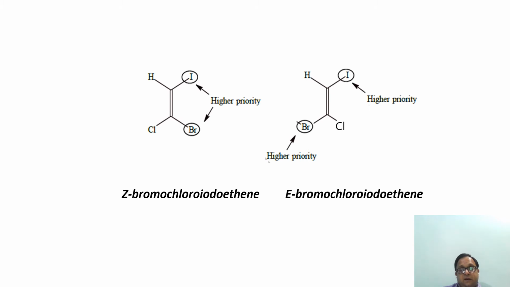Consider this example again that I discussed four slides back: chlorine, bromine, iodine and hydrogen. To tackle this type of problem, first remember to divide the structure into separate carbons.